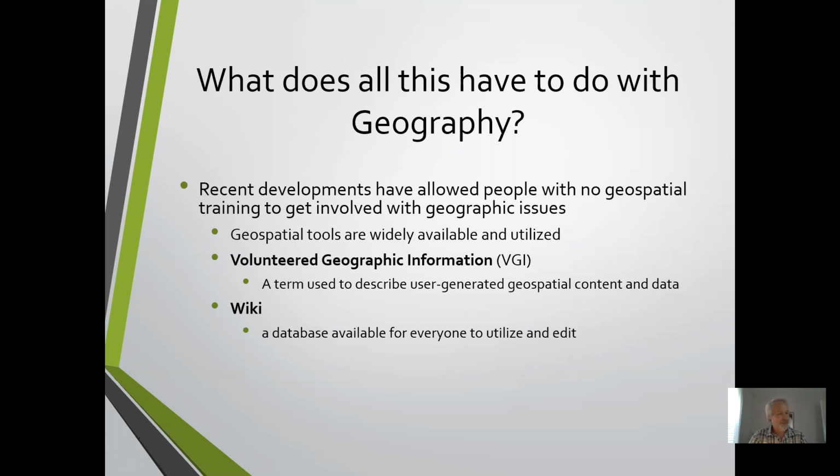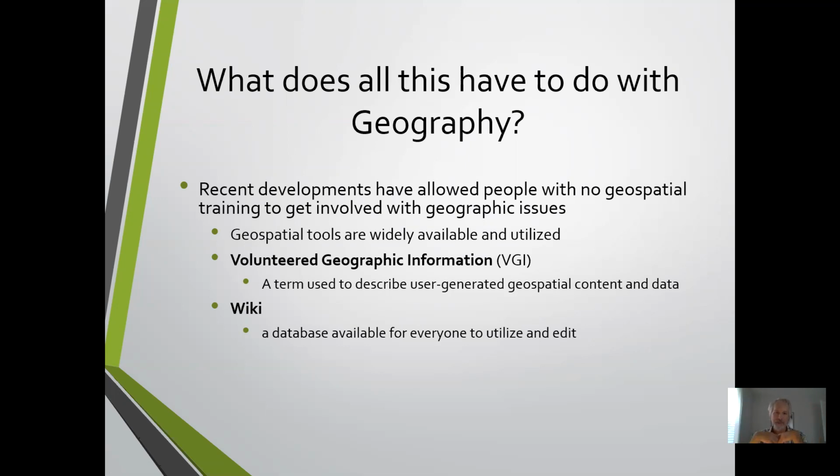So what people do now is they go out and gather their own data, and then they can bring it into these GIS systems. It's kind of like what they call crowdsourcing, or sometimes citizen scientists, where people are creating their own data sets, their own databases that everybody can use, okay? It's kind of like a Wikipedia kind of thing, more or less.